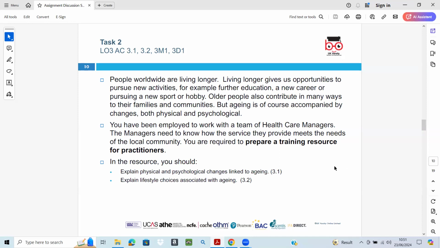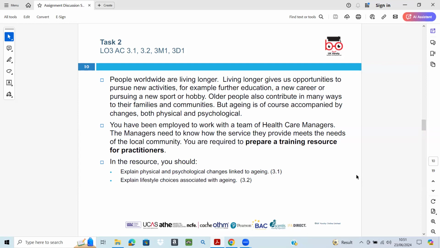Then you are required to prepare a training resource for practitioners. As we are making a training resource for practitioners, we need to utilize a combination of written content, infographics, data visuals, and case studies to engage practitioners.